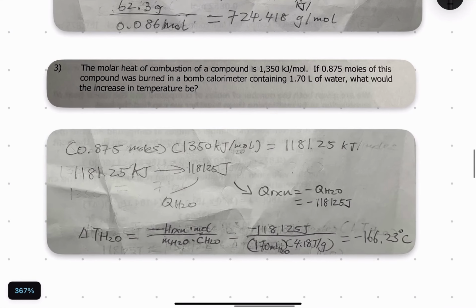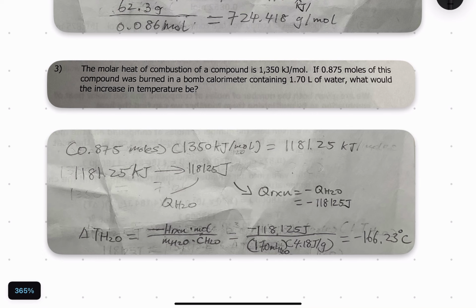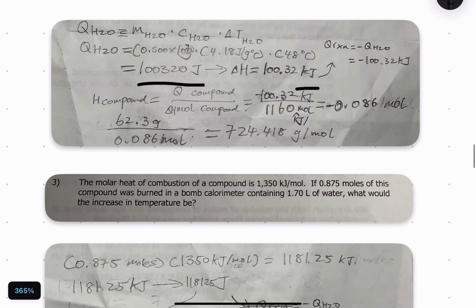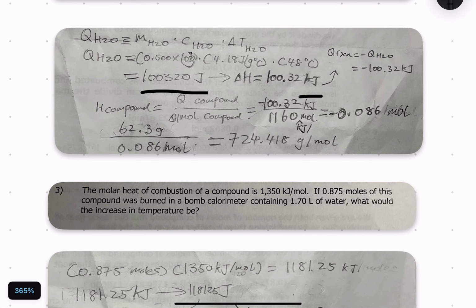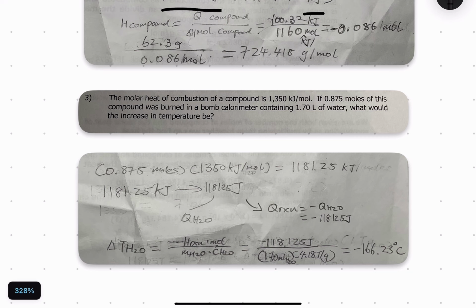For the third question, we're asked about the increase in temperature. We know the formula that we have right here. Since we're given M H2O and C H2O, we're figuring out the delta T H2O. In this case, we are given 0.875 moles, and we can multiply by 1,350 kilojoules per mole.